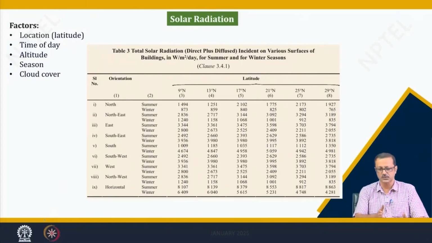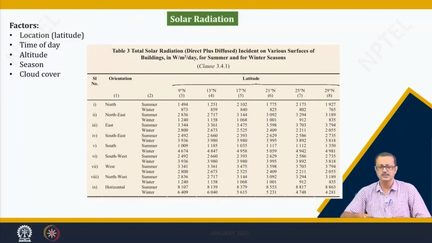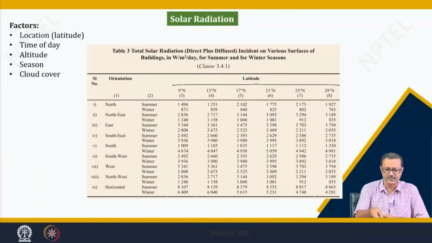And here, latitudes from 9 degrees north to 29 degrees north are listed. This data is very helpful. If my city is nearby, maybe not exactly at 13 degrees, we can see that it is approximately in that area.